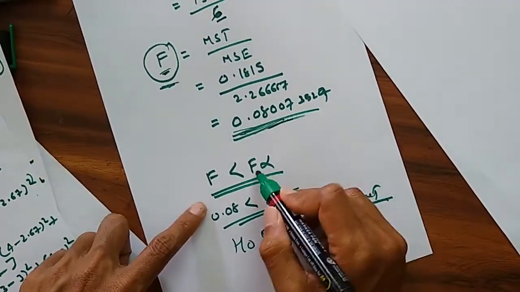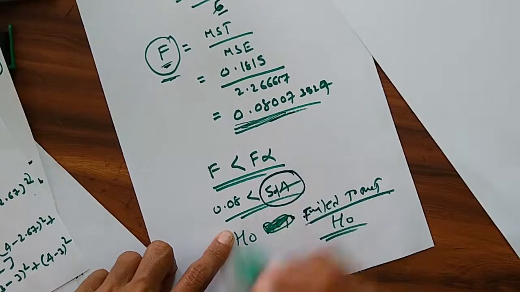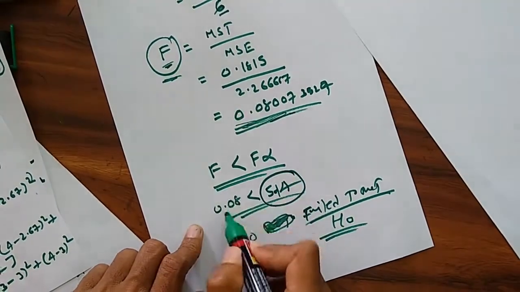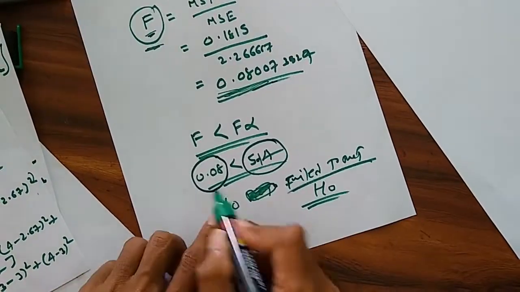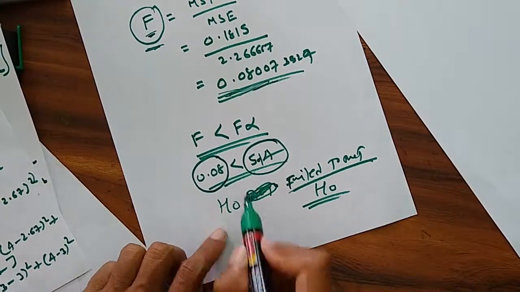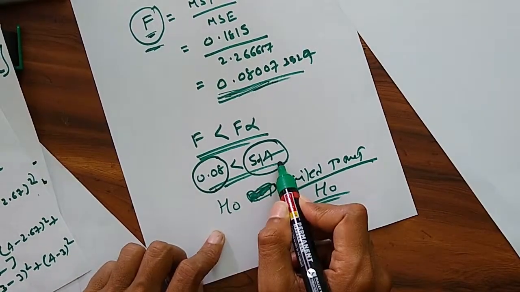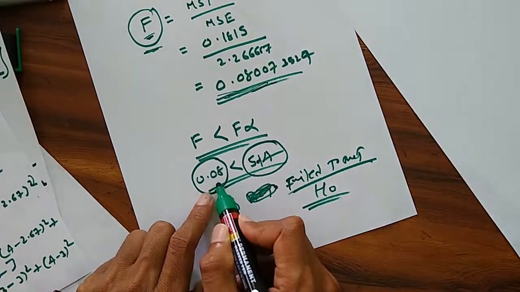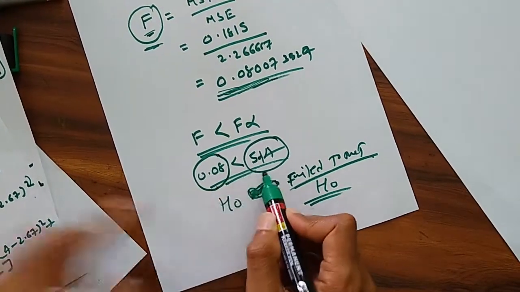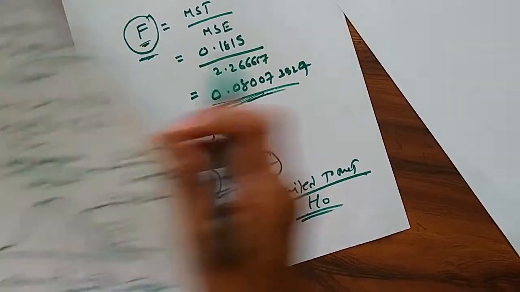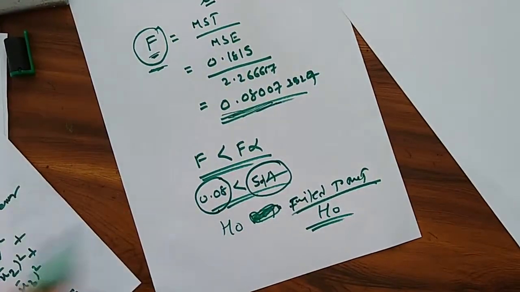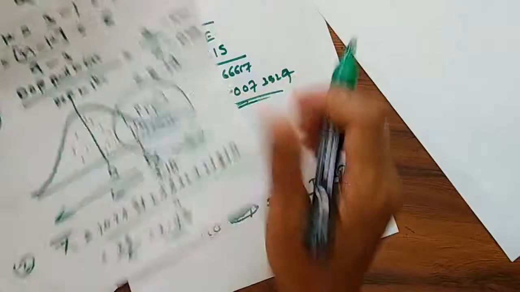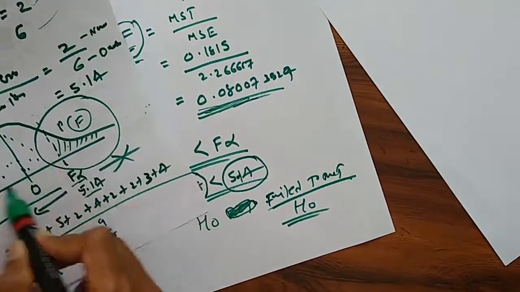So we know the F alpha. F alpha is 5.14. Now we know the F value is 0.08. Now we need to determine whether this value is greater than F alpha or less. In this case, our F value 0.08 is less than 5.14. That means our F falls under the acceptance region.